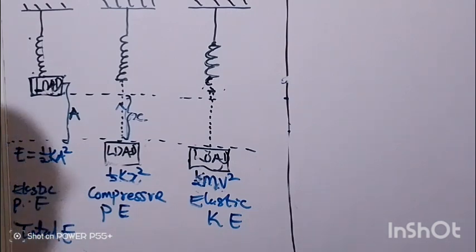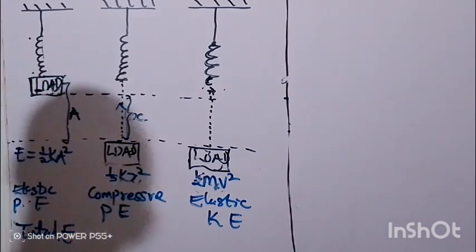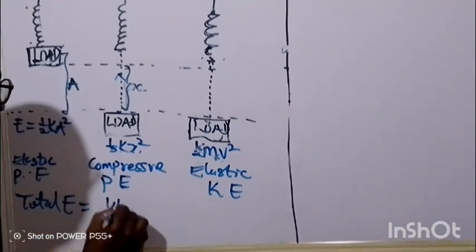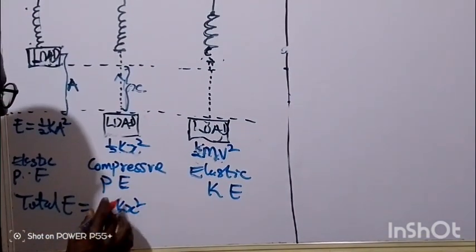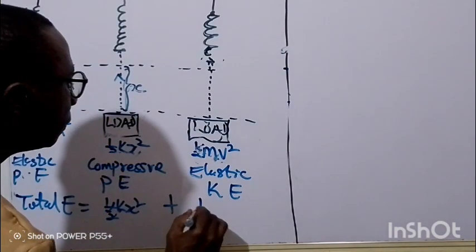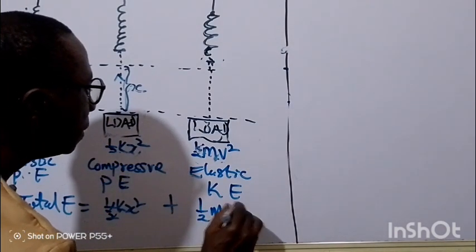And the total energy, according to the conservation of energy, will be equal to half Ks squared plus half mv squared.